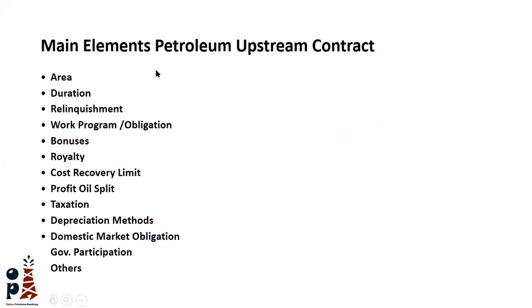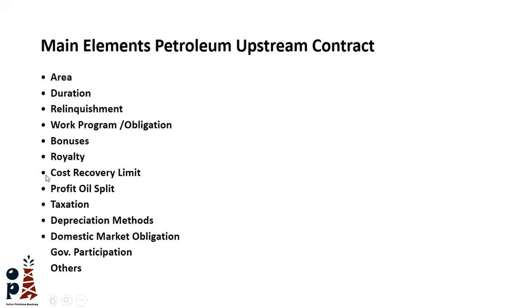So what are the main elements in a petroleum contract? In a petroleum upstream contract, these are the main ones. You should define the area of the contract, the duration, and relinquishment. If you don't accomplish your commitment, you should relinquish the area to the government. The work program should be submitted to the government.